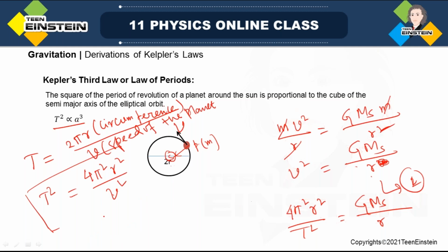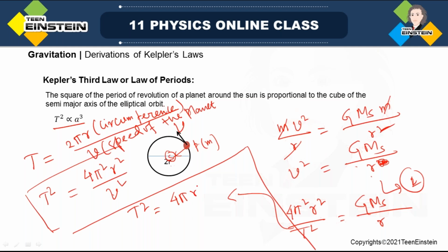Okay, now from here, look, I'll be writing here. See, from here we can write T² is equal to 4π²r³ divided by G into Ms, which is the mass of the sun.